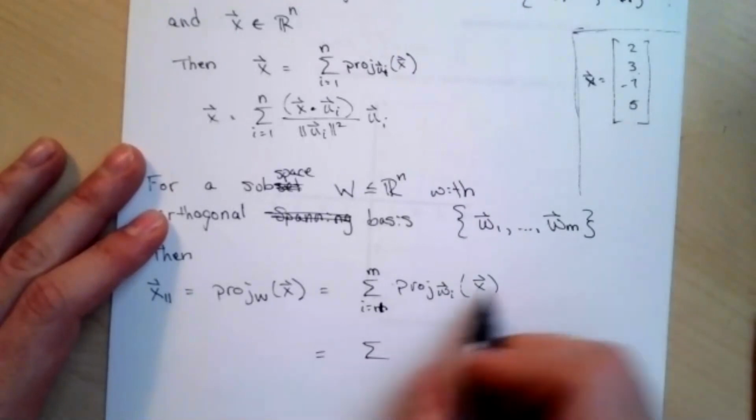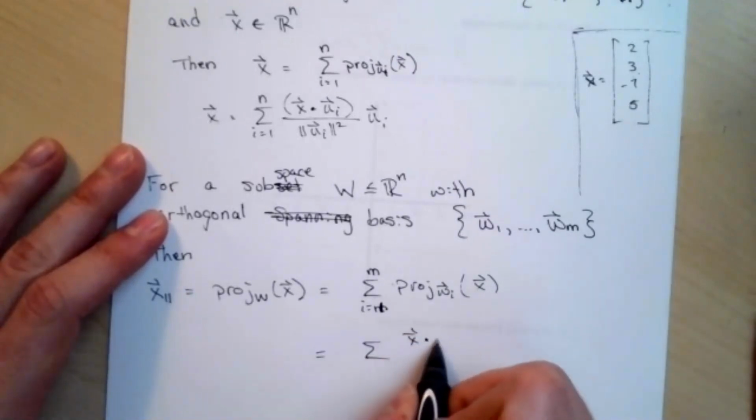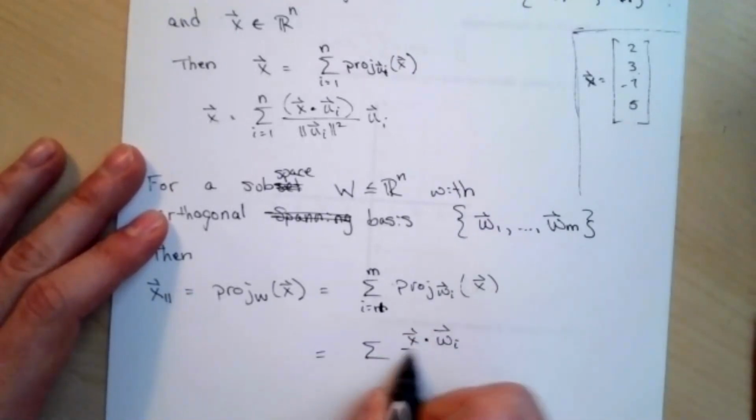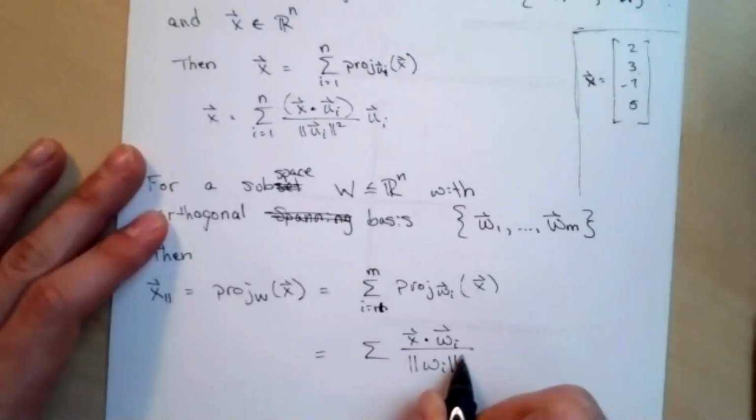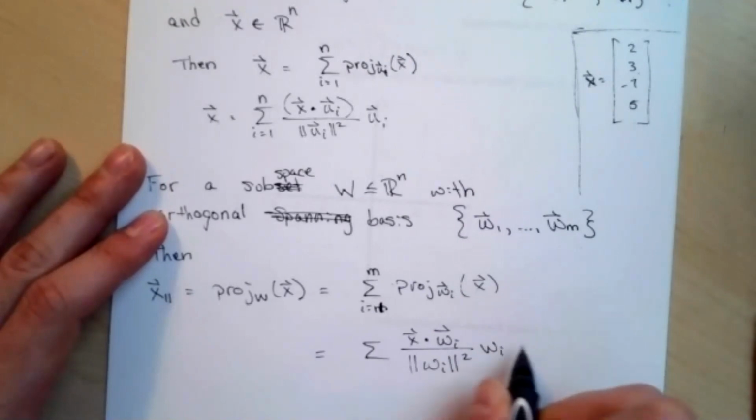So it's essentially the same formula: x dot wi over wi squared, in the direction of wi.